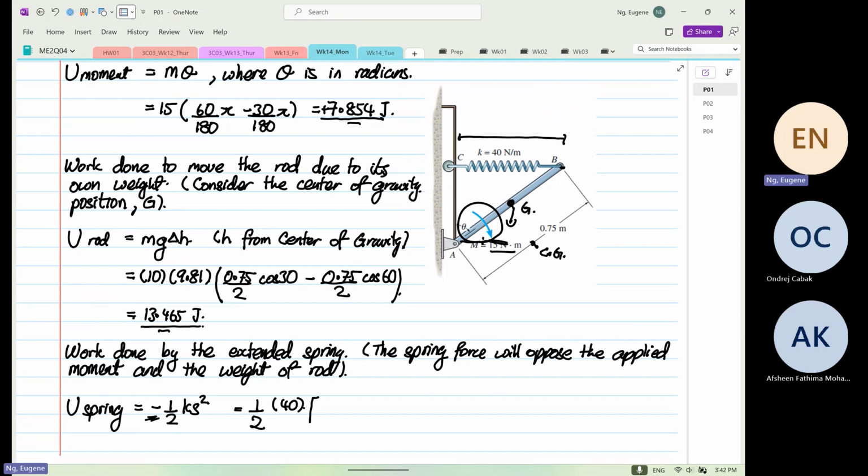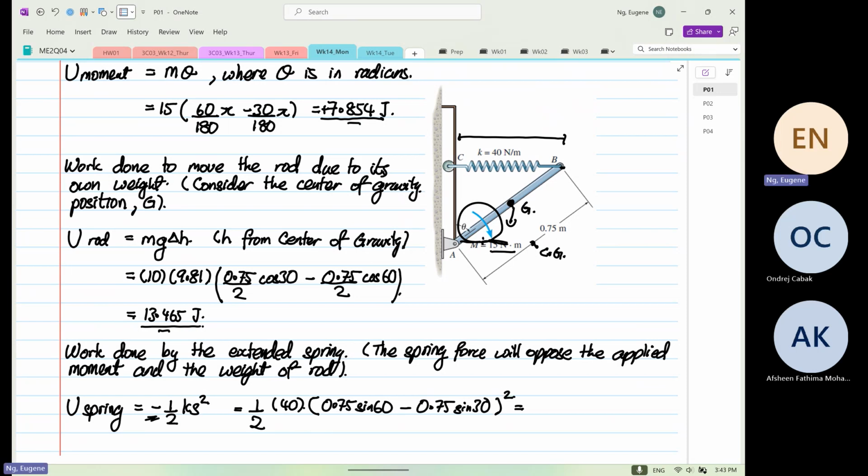So you have 0.75 sine 60 minus 0.75 sine what? 30. Yep, and squared.